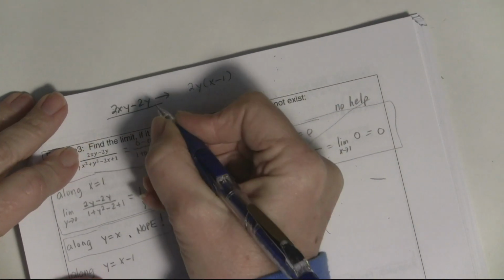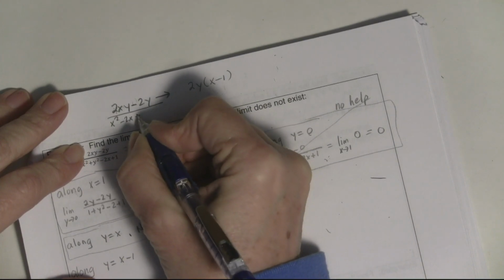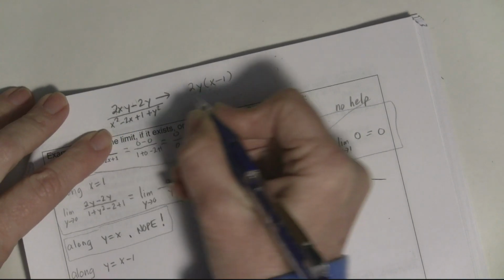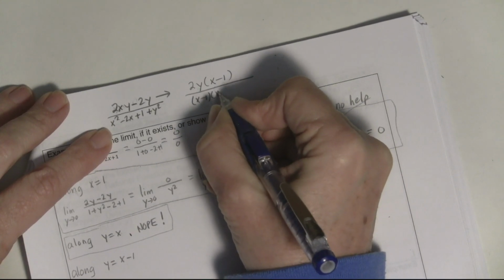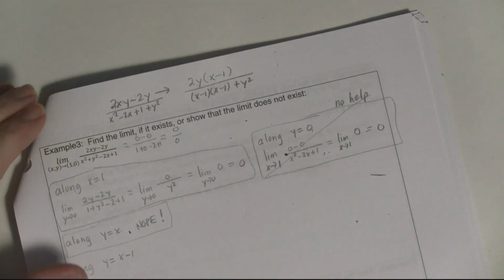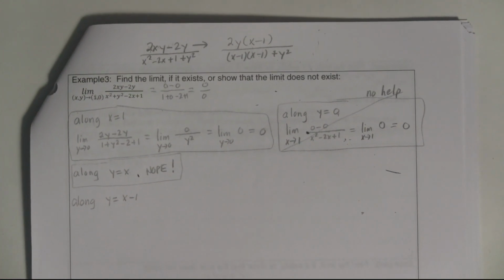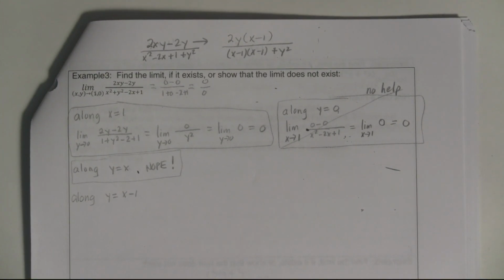And then down here, I have x squared minus 2x plus 1 plus y squared, which I could factor here as x minus 1 times x minus 1 plus y squared. And so those x minus 1s won't cancel with one another. It'd be great if they would, but they don't.